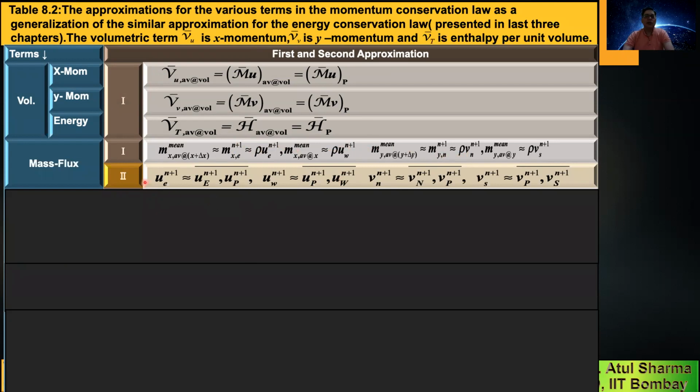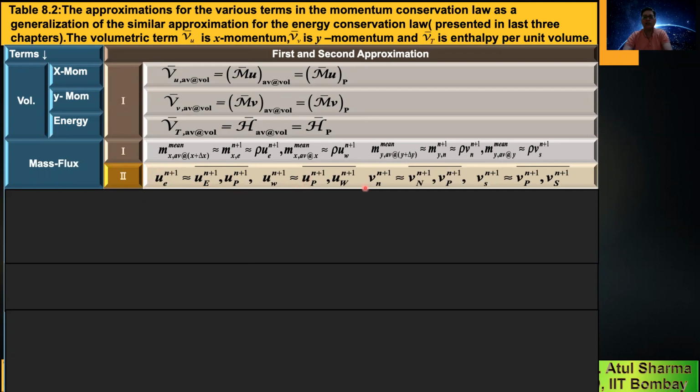Now there is a second approximation for mass fluxes, because the mass flux is expressed in terms of the normal velocity: mx is expressed in terms of u, my is expressed in terms of v. Now when you have to calculate these velocities at the surfaces of the control volume, a linear interpolation is used. So this over bar represents a linear interpolation. If it is a uniform grid, u small e will be u capital E plus u capital P divided by 2.